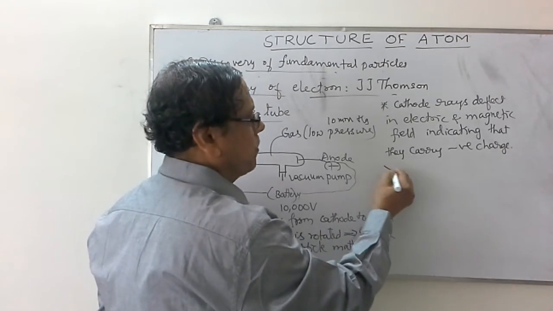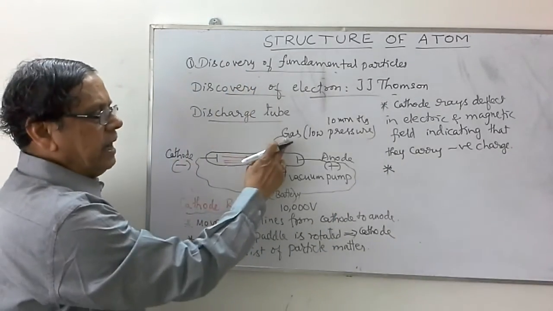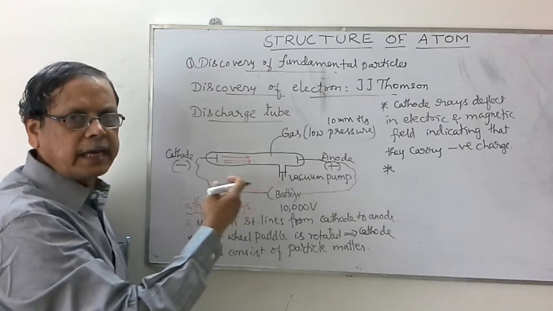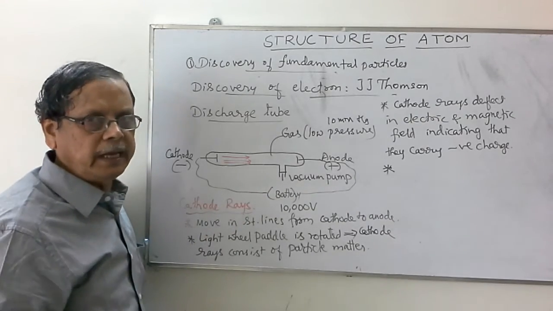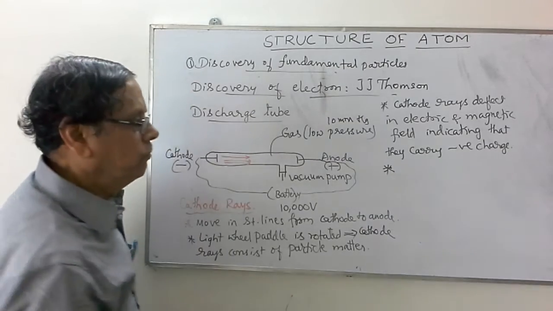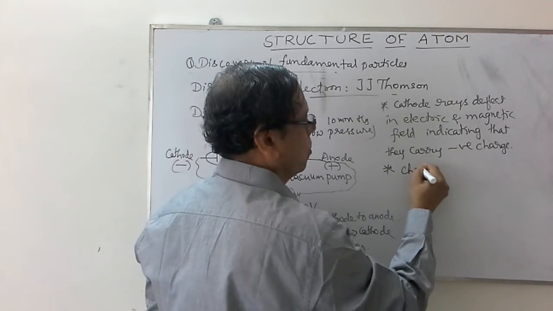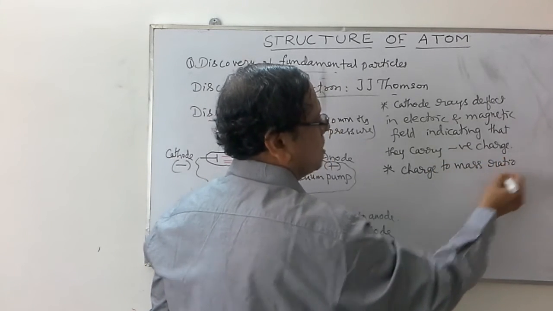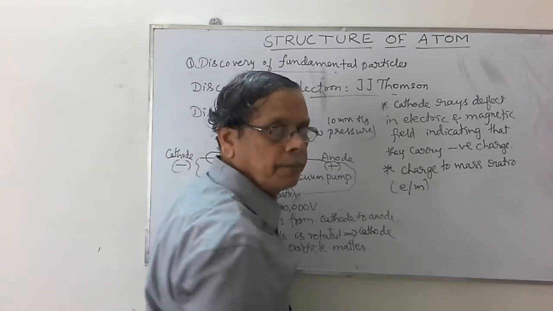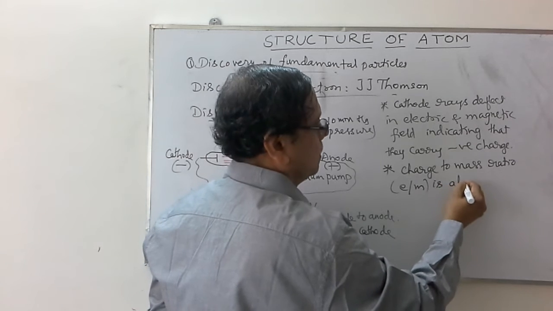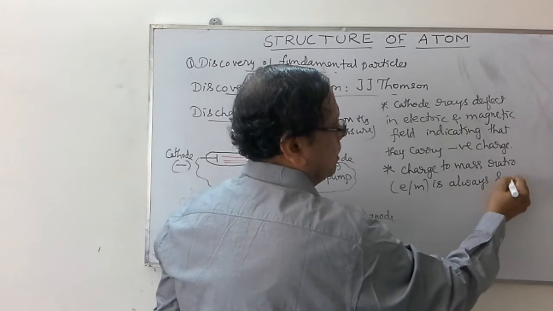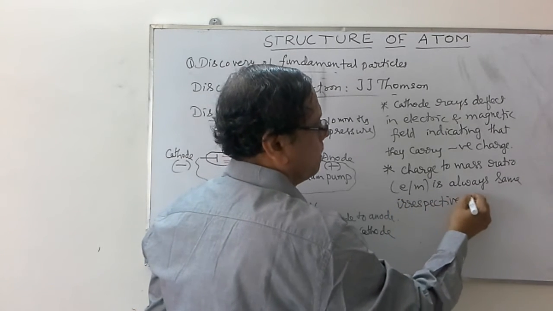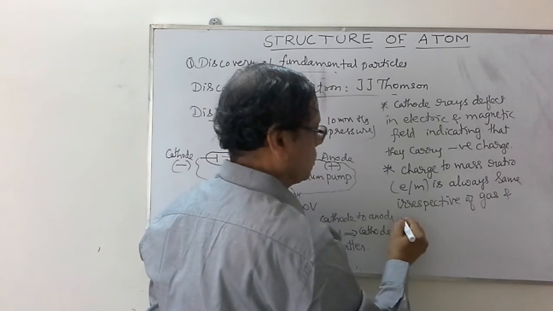The next one and most important one is, whatever may be the gas taken inside this discharge tube and whatever is the metal that is used in the preparation of the anode and cathode, irrespective of the metal and the gas, we observe that the charge to mass ratio, which we call the e by m ratio, is always the same irrespective of gas and electrodes.